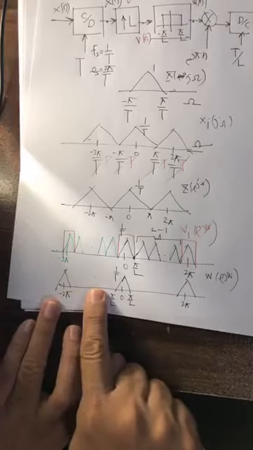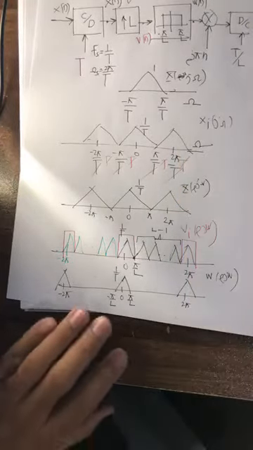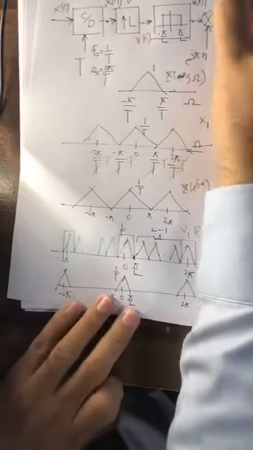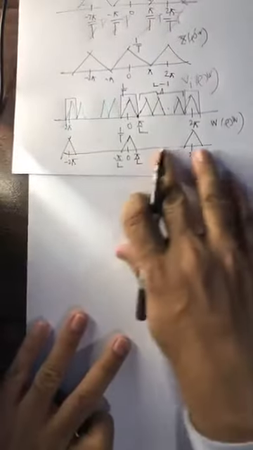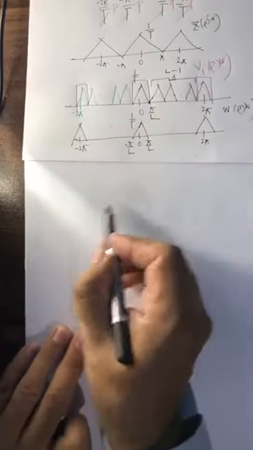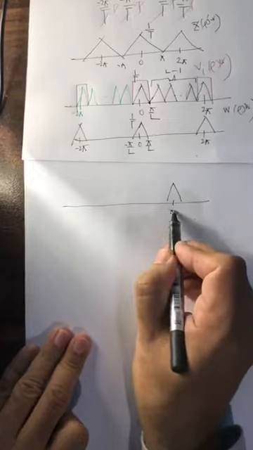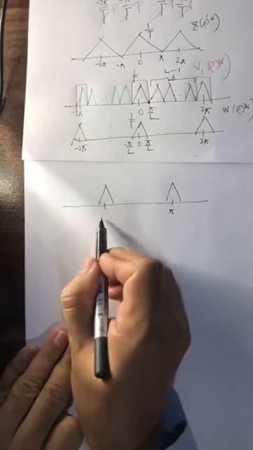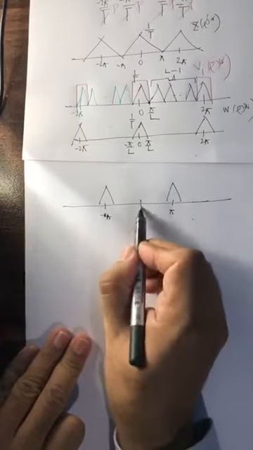This part will move to pi, and this is y of n. So a shift in frequency will happen, and it can be easily plotted. You will have a spectrum at pi and a spectrum at minus pi. This is what you are going to see.